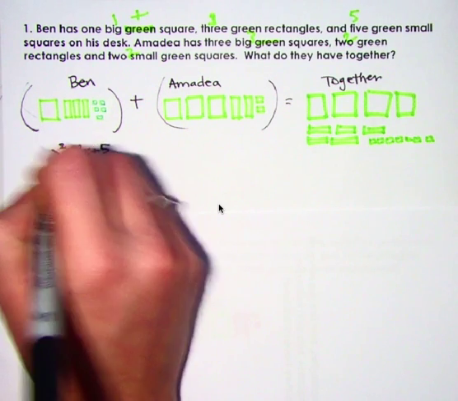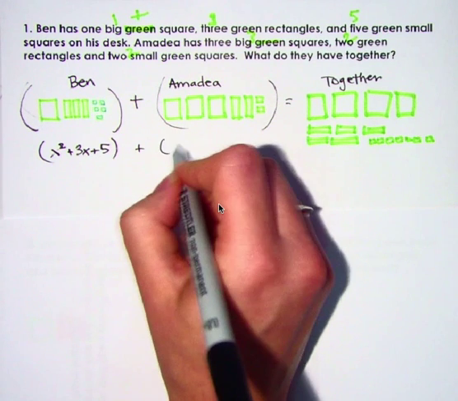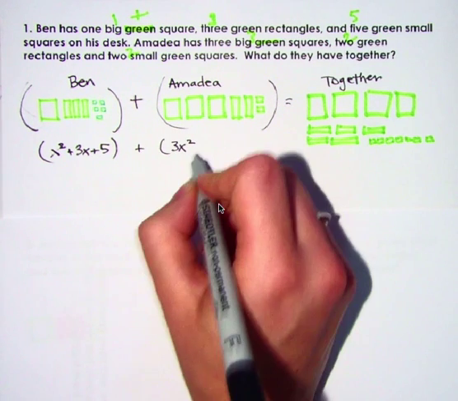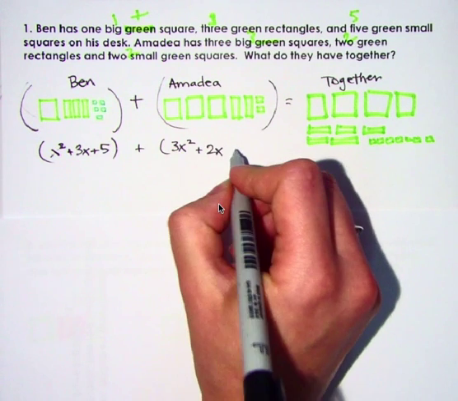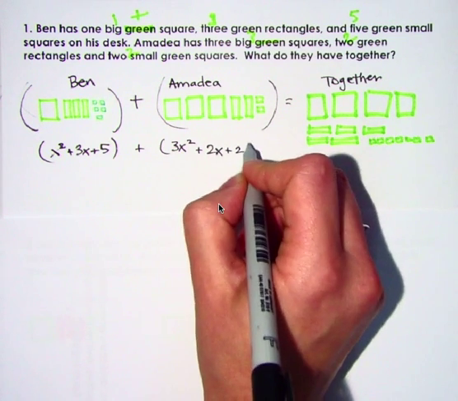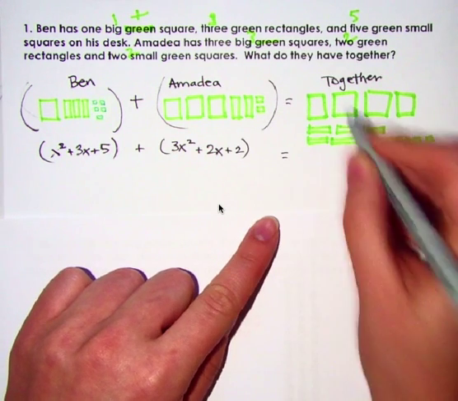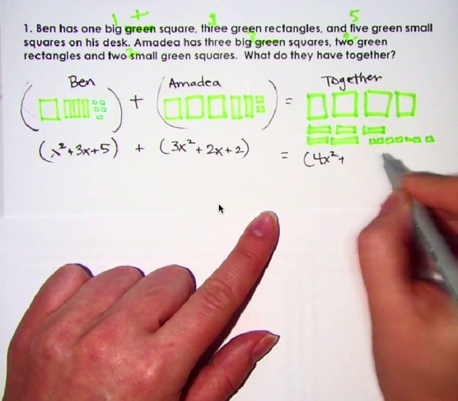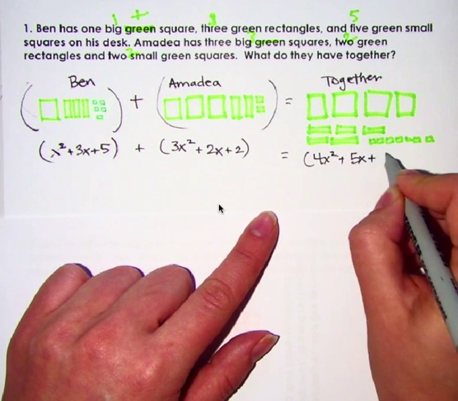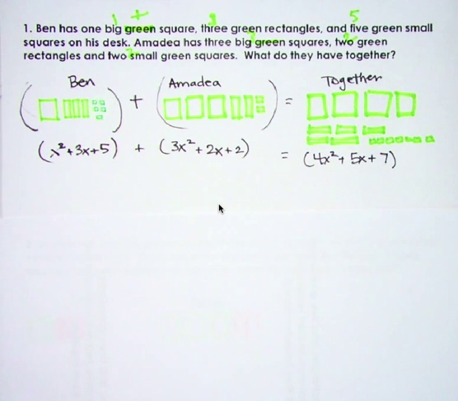All right, and then Amadea's algebraic expression is 3x squared plus 2x plus 2. That means when I combine these, I should really get 4x squared plus 5x plus 7. And you should see that that works.